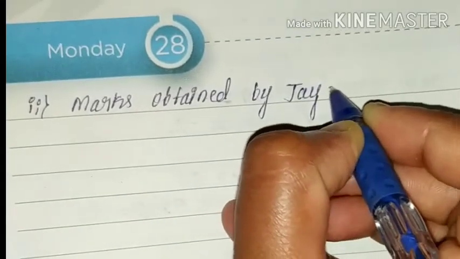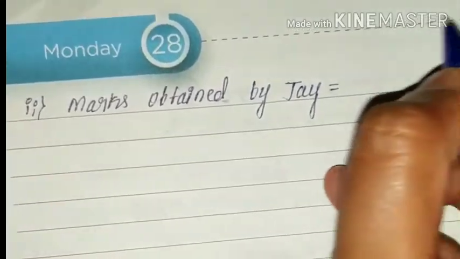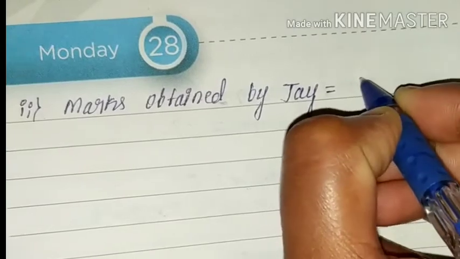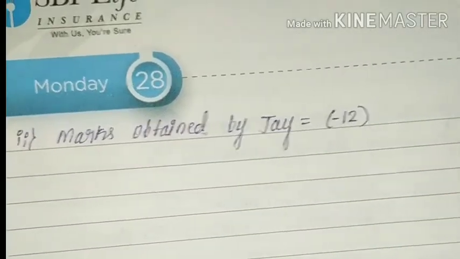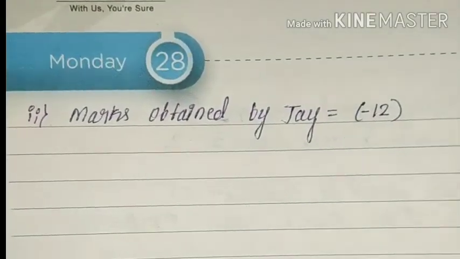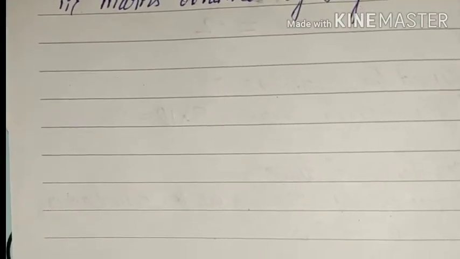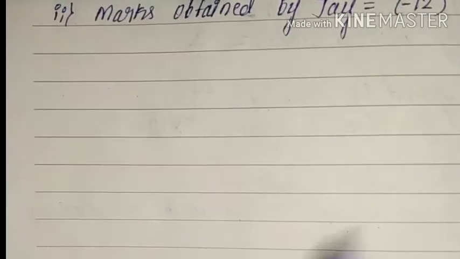How many marks did Jay obtain? Minus 12, right? And he got 4 correct answers, right? So marks obtained for 4 correct answers is what?